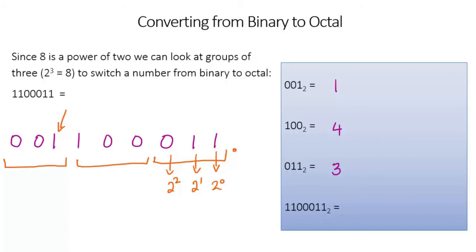That means that this first triplet is 0 times 2 to the power of 2, or 0 times 4 is 0, plus 1 times 2 to the power of 1, or 1 times 2 is 2, and then 1 times 2 to the power of 0 is just 1. And 0 plus 2 plus 1 gives us 3. That tells me that this binary triplet 0, 1, 1 has the octal equivalent of 3.